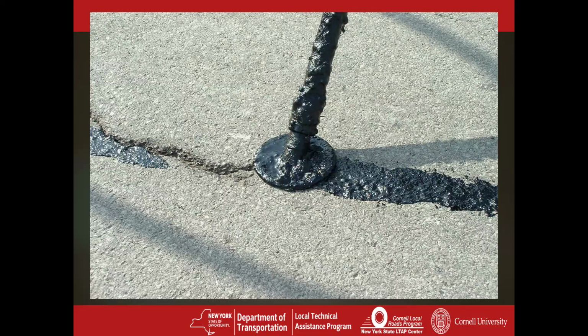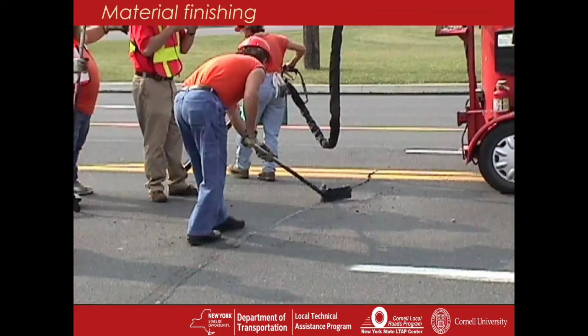At the end of the wand, you'd see a disc. So that allows you, under pressure, to push the material into that nice clean crack. It gets right down to the bottom, and then you've got a nice thin film of material that seals over the top of the crack.